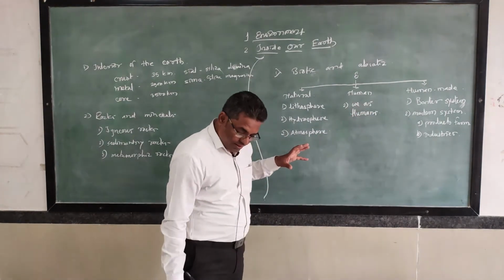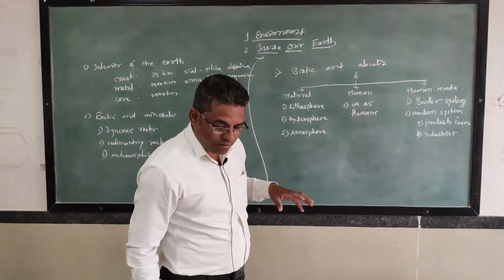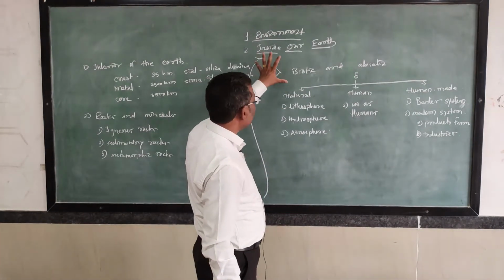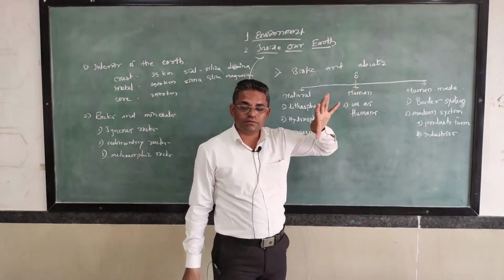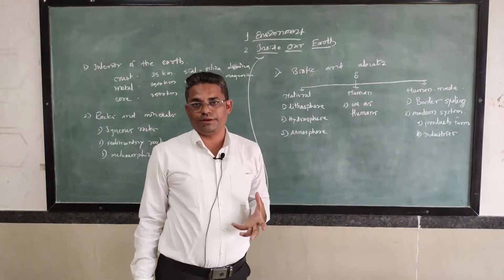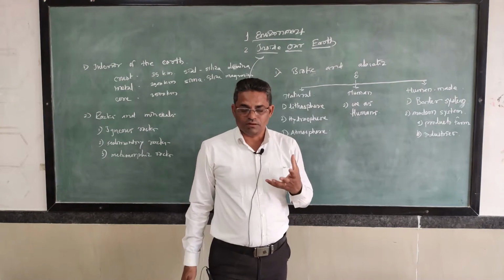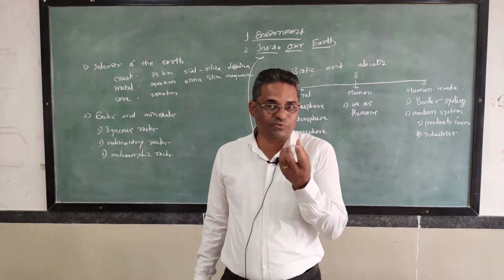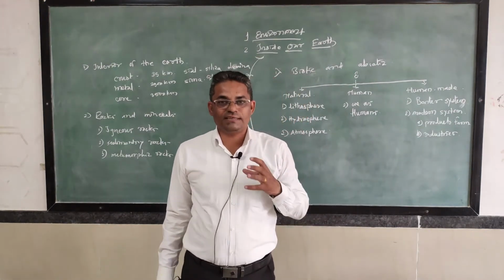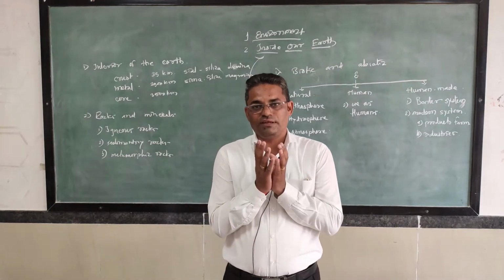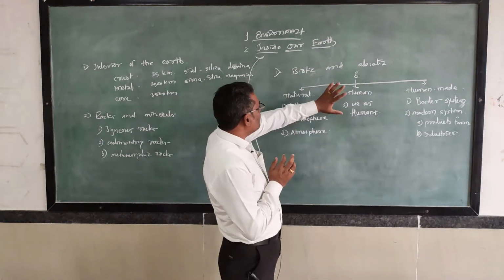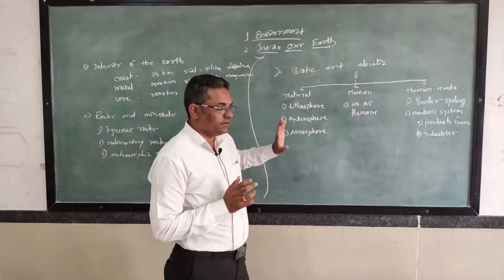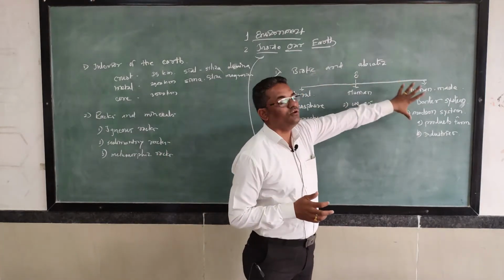Now when it is said environment that we are going to learn, there are 3 main components of environment. This chapter is of 2 pages only, but that is only one topic that you need to understand, and that is environment has 3 components: natural, human and human made.